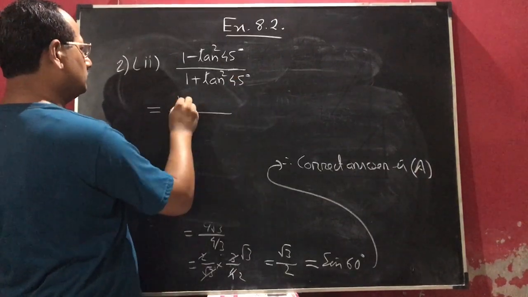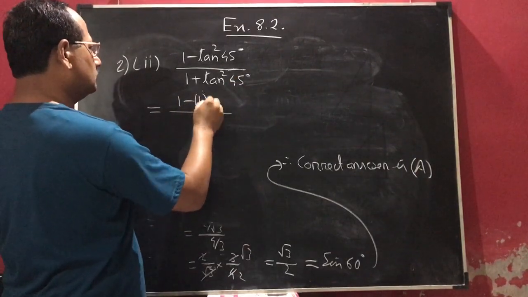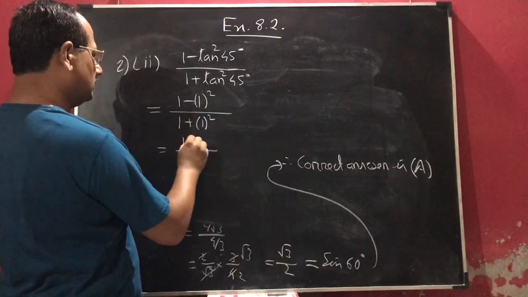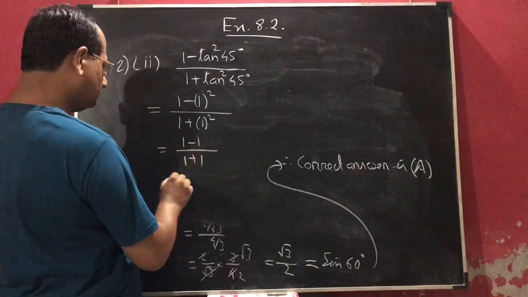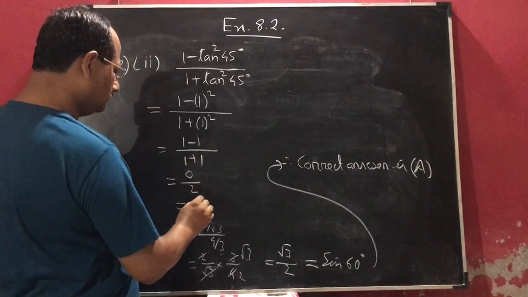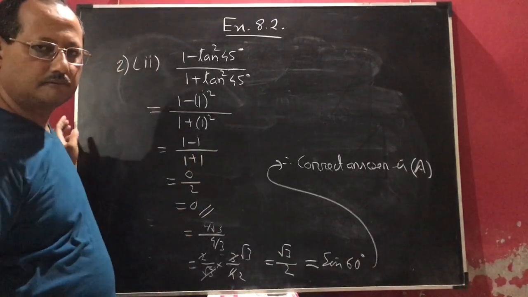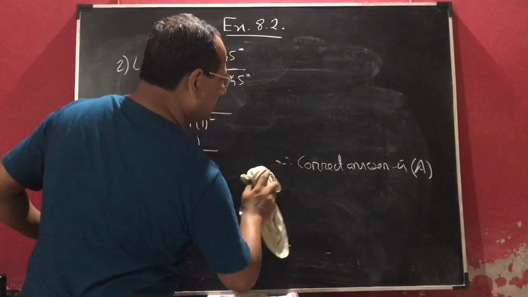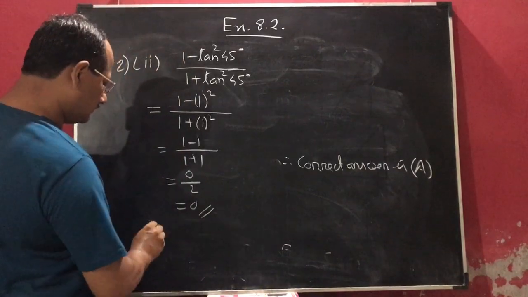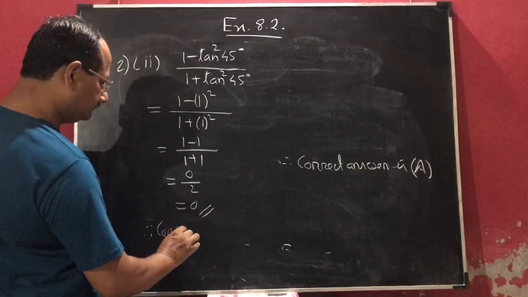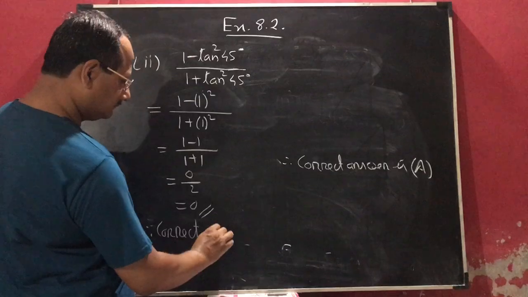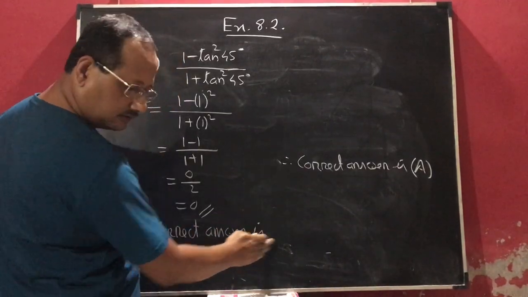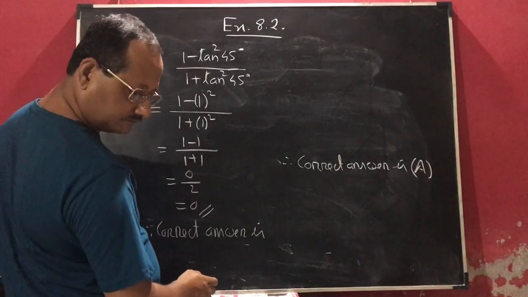That is equal to 1 minus 1 whole square over 1 plus 1 whole square, that is 1 minus 1 over 1 plus 1, 0 by 2, that is equal to 0. This is the answer. Okay? The correct answer is what? Therefore, correct answer is D.